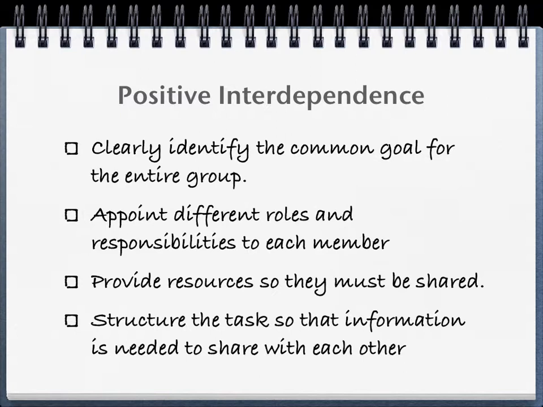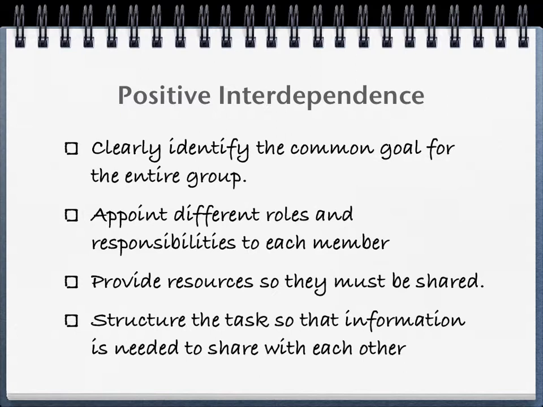Provide the resources so that they must be shared. You want to make sure that you don't have too many where each student is working independently, but you want each student to be able to use the resources, whether it's text, manipulatives, electronic, or technological tools.